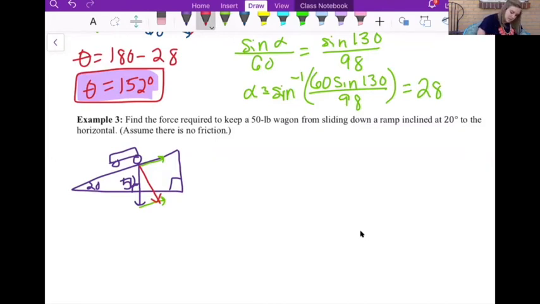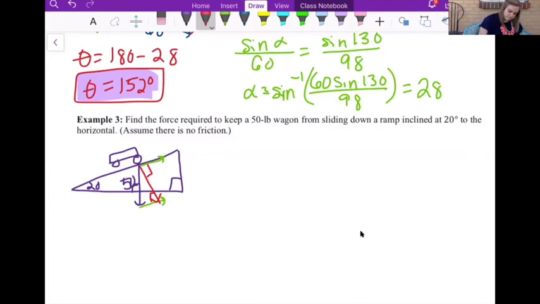And so then these angles are actually 90 degrees, because the force needed to keep something in equilibrium and the resultant are always going to be 90 degrees from each other.